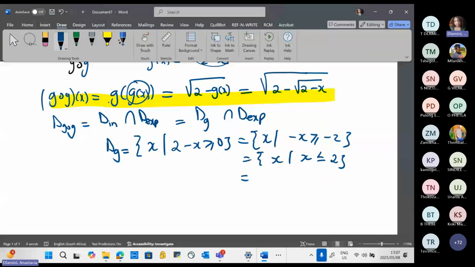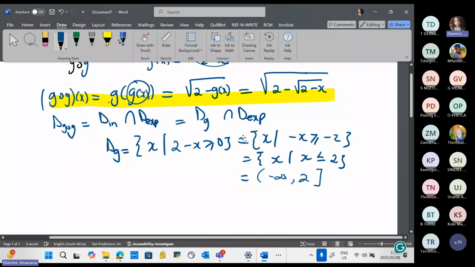Interval notation, please. It will be negative infinity to 2, with 2 included.